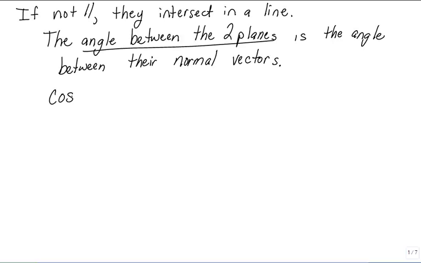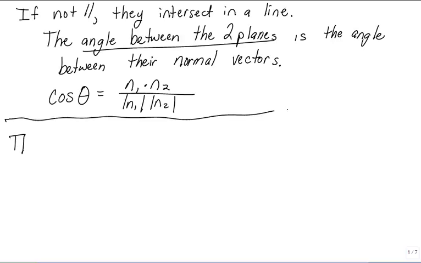Okay, so remember cosine theta is the dot product of the normal vectors divided by their magnitudes. We learned that recently. Also, let me write down this theorem because this is kind of important. You should know this.